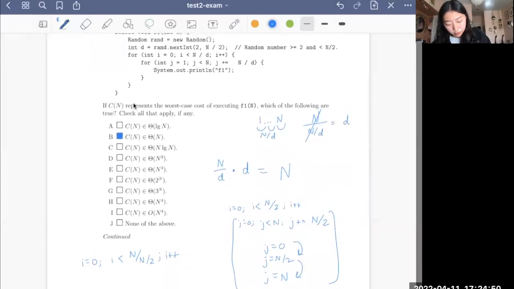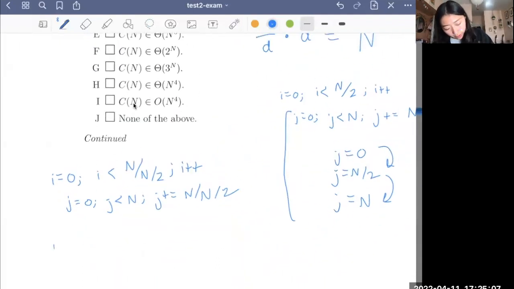And then we do j equals 0, j less than n, and then j plus equals n divided by n over 2. And so this really works out to i equals 0, i less than 2, i plus plus, right?